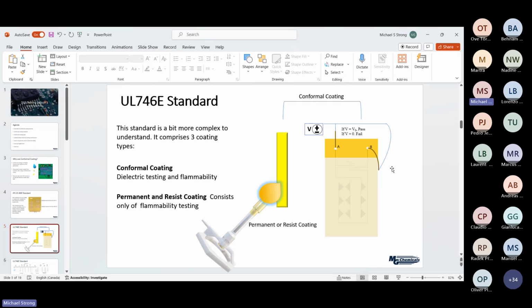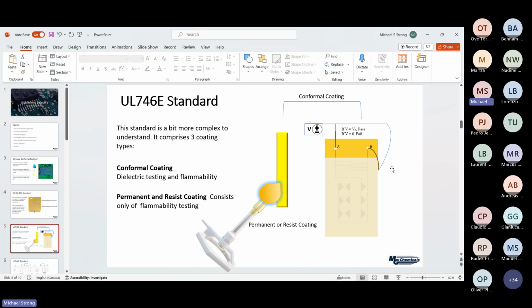The next one that is important is the UL 746E standard. And this one gets a little complicated just in the way that it's set up because there's multiple different coating types that you can qualify to. First is a conformal coating, but then they also have permanent and resist coatings. So what is the difference?